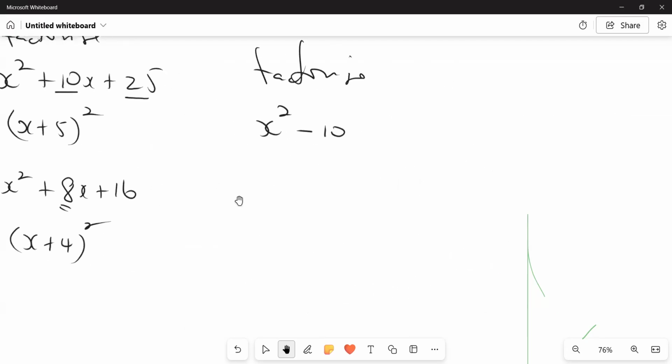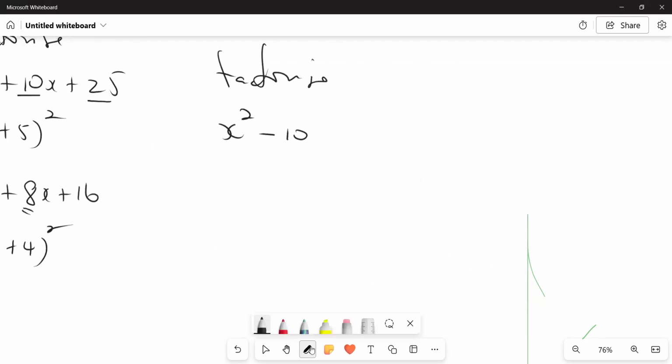Let me give you a last one. Let's go with x squared minus 6x plus 9. Look at this. Again, half of minus 6 is minus 3. Minus 3 squared will give you positive 9.